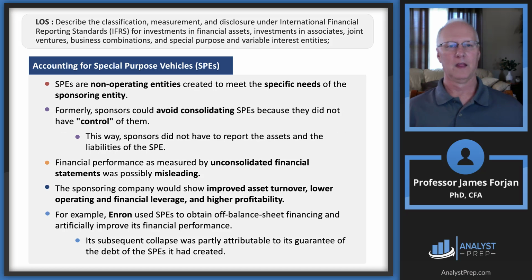All right, how about these special purpose vehicles? Non-operating entities created to meet the specific needs of the sponsoring entity. All right, so that makes sense. We can go all the way back to Enron.